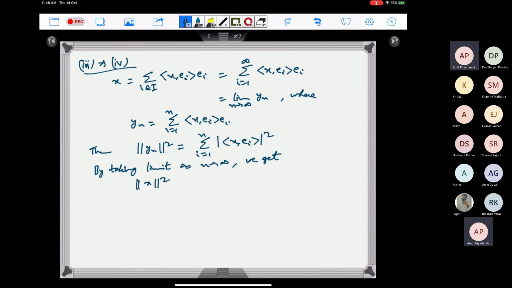So this will converge to norm x square, and the right hand side converges to summation i equal to 1 to infinity of mod x dot ei square, which is the same thing as summation of i in I, x dot ei square. So this shows 3 implies 4. Now we will be done by proving that 4 implies 1.